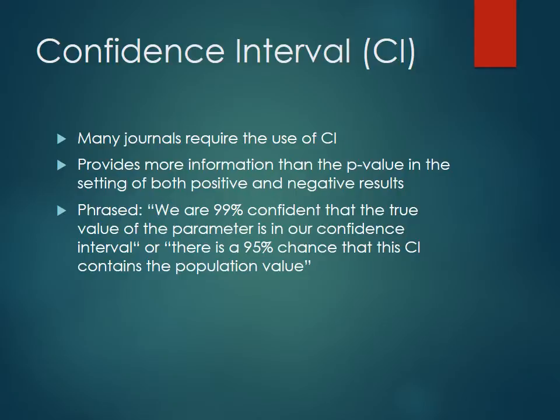We'll talk about ways you can identify that a little bit later on. When we're doing these, we're frequently saying things like, we're 99% confident that the true value of the parameter, when we're expressing it back towards the population, is within this range of values. Sometimes you'll see 99% confidence, but most frequently 95% confidence intervals are used.